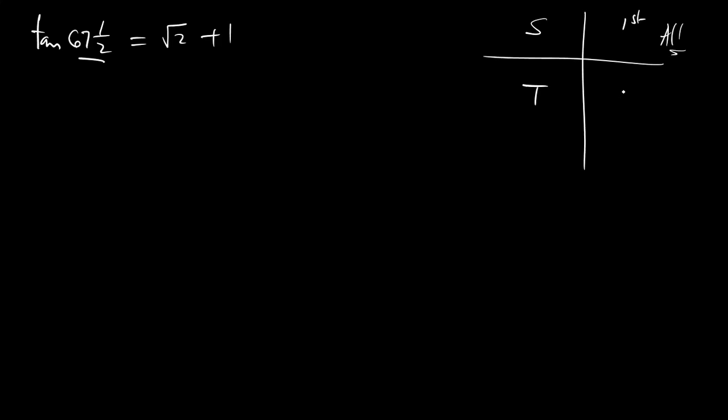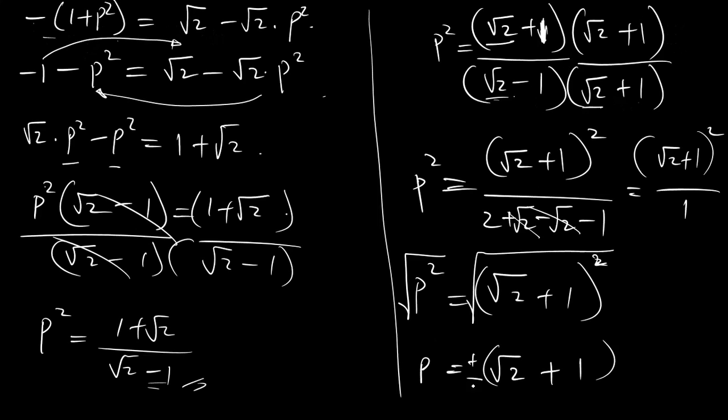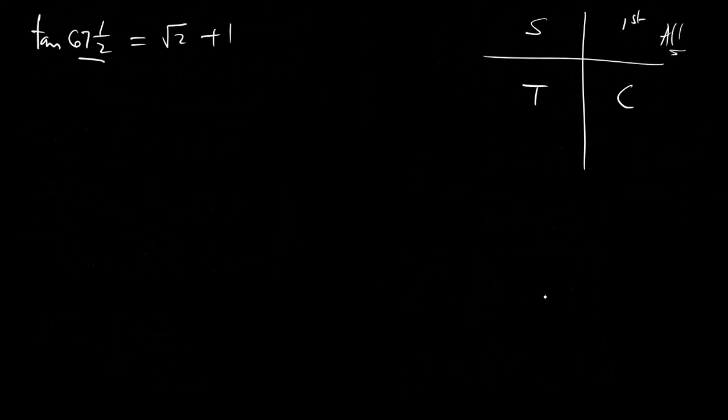In the fourth quadrant it is cos. So since this angle falls in the first quadrant, the negative value cannot work here, because tan is positive in the first quadrant, and it is negative in the other quadrants, and this angle does not come close to them. So the final answer is this.